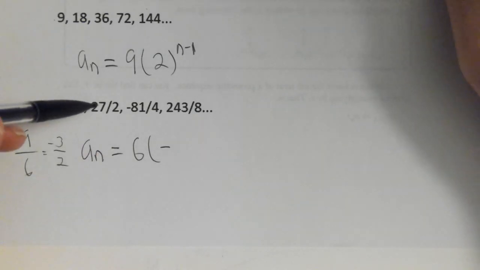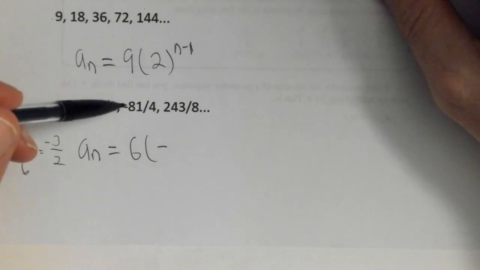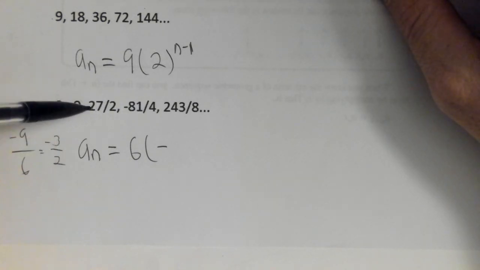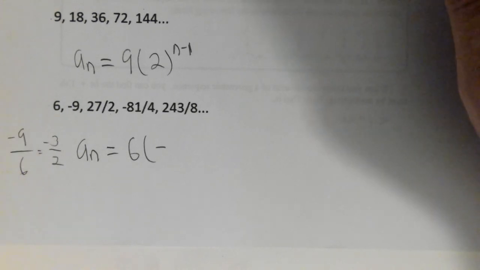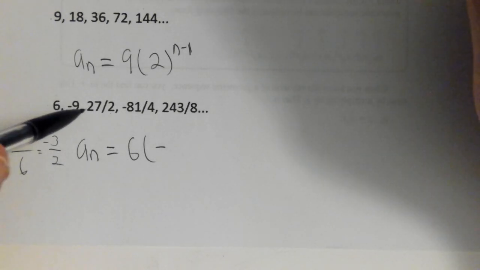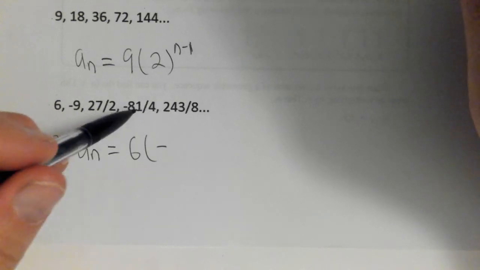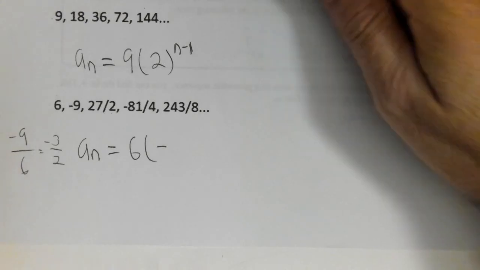If you wanted to verify that, you could do it with one of the other terms. If you divided negative 81 over 4 by 27 over 2, guess what that would end up reducing to? Negative 3 over 2. Alright, so like I say, you can always find your ratio by dividing out two consecutive terms. Doesn't matter which two, you should always get the same ratio.